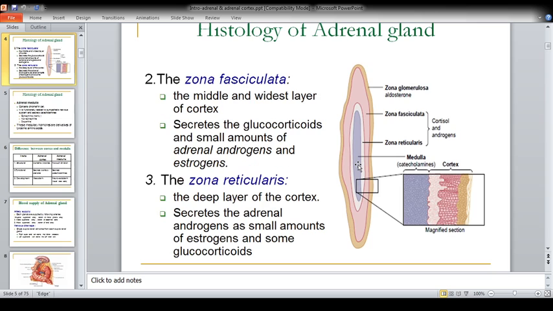The main glucocorticoid is cortisol. That would help in regulation of the body. It helps many enzymes do their functions, and androgens are kind of sex hormones.